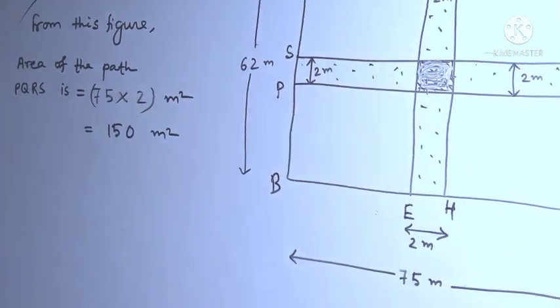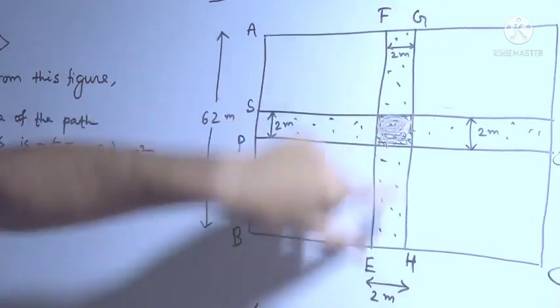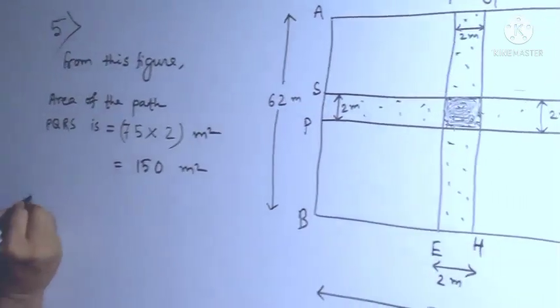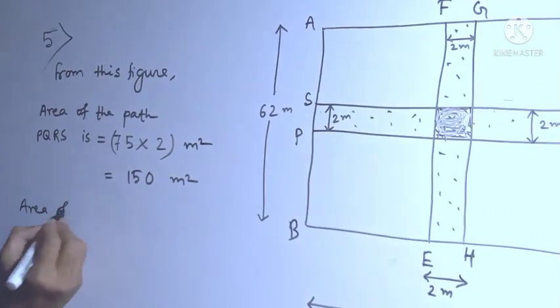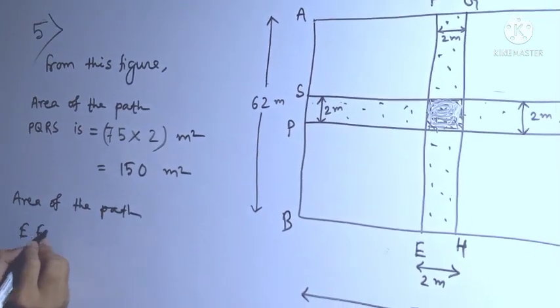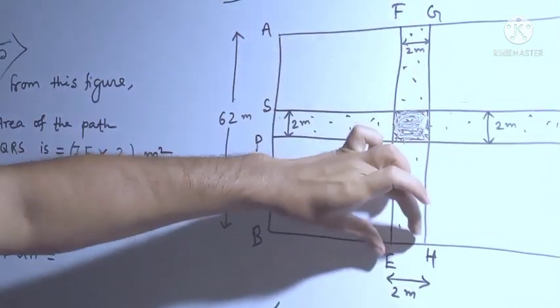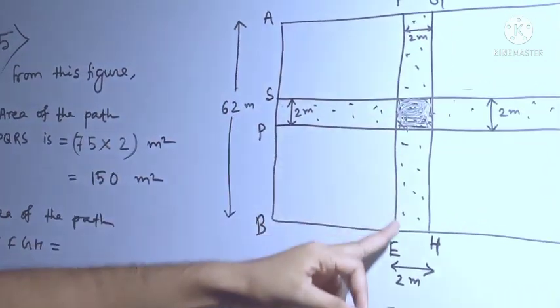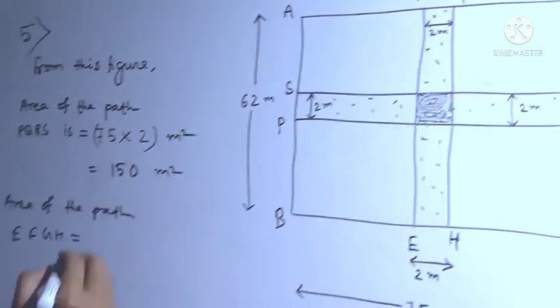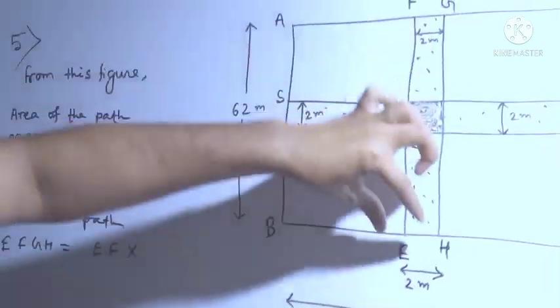Similarly, we can get the area of this path, that means EFGH. Okay, area of the path EFGH equal to, what is the length of EFGH? Actually EF is the length and breadth is EH.